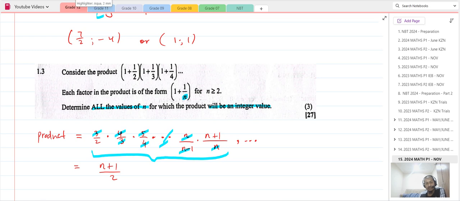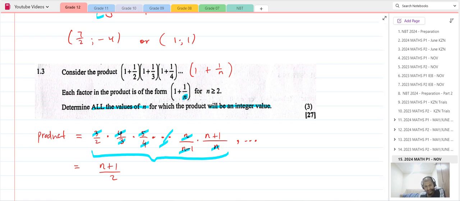So what we are getting is n plus 1 over 2. Why did they put it as an infinite product? They should have ended it off with 1 plus 1 over n for n greater than or equal to 2. Okay, so all this here simplifies to n plus 1 over 2.